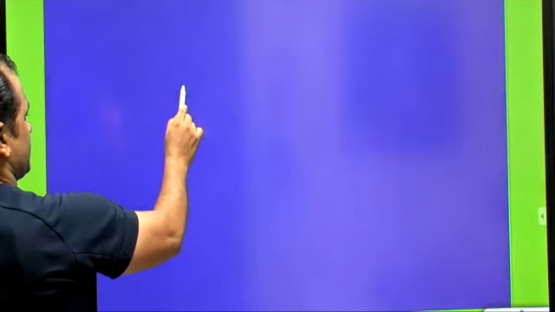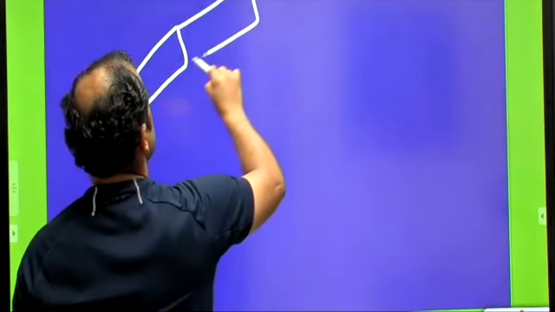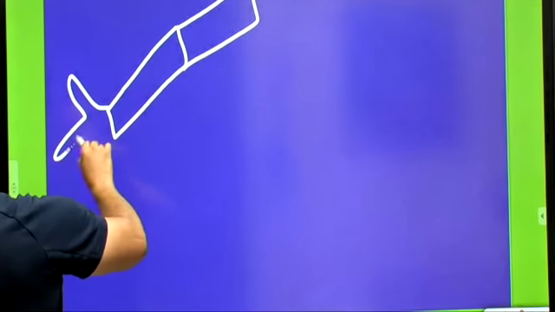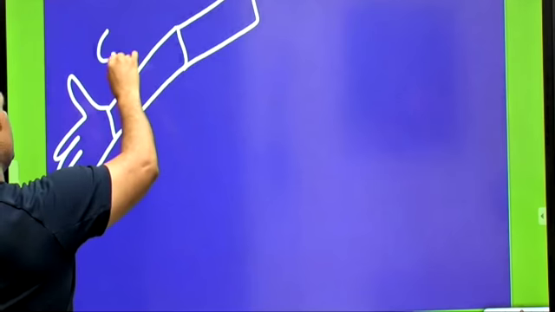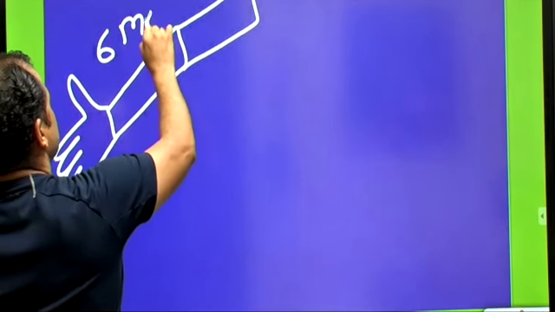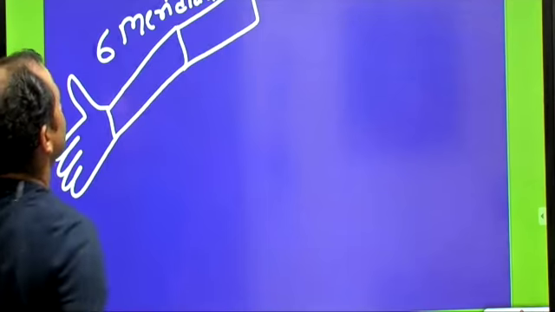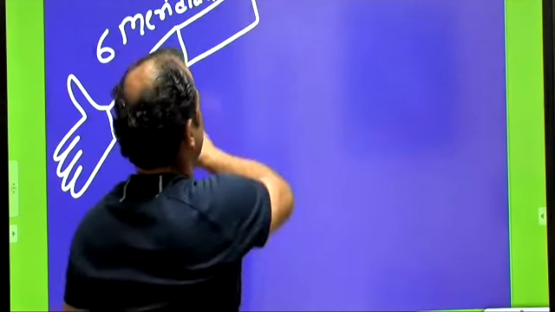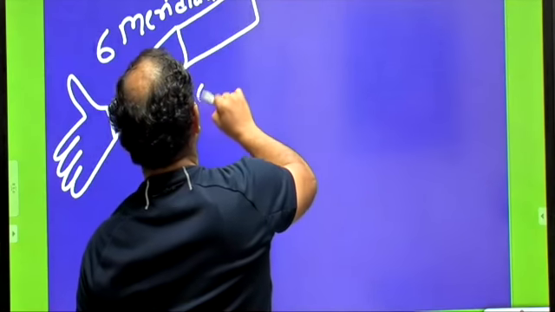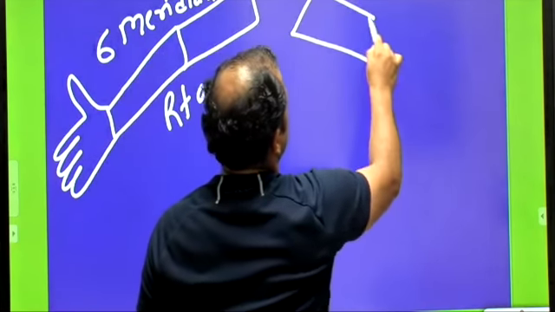So, if we talk about the arms, in the arm we have 6 meridians. The same meridian is in the right arm and the same meridian in the left arm.